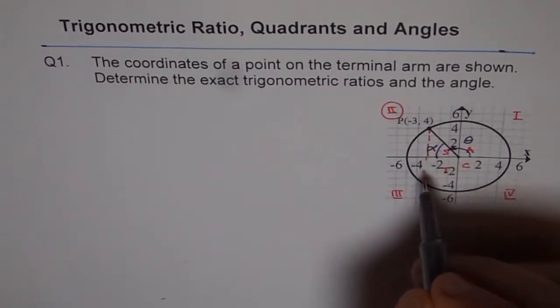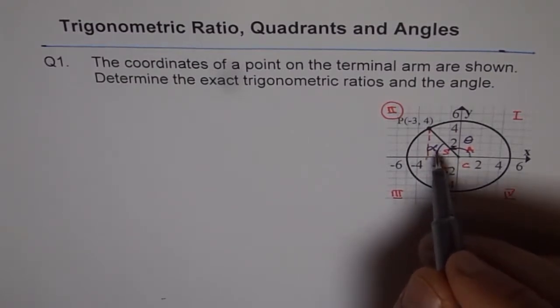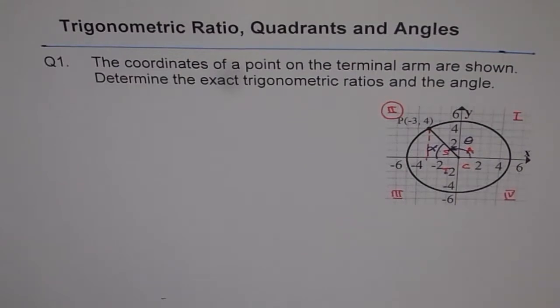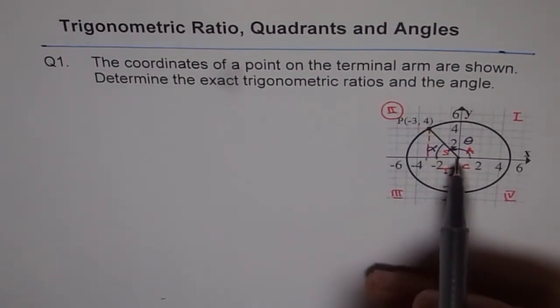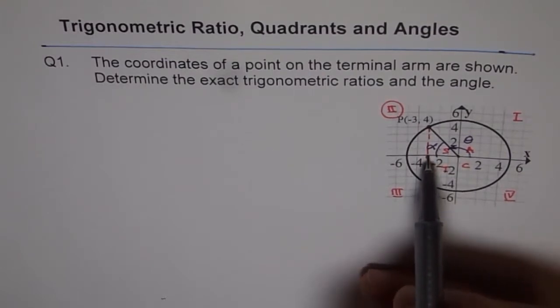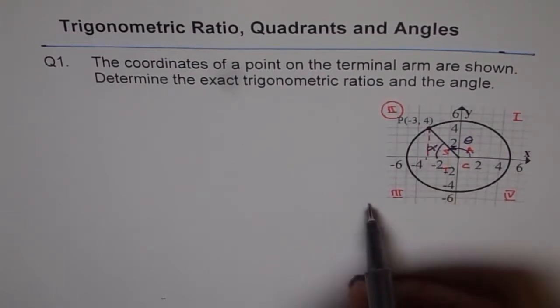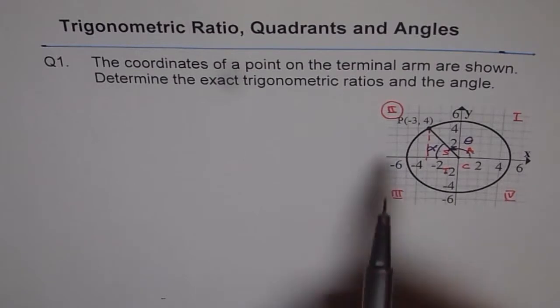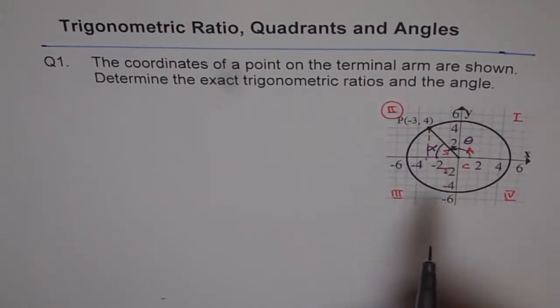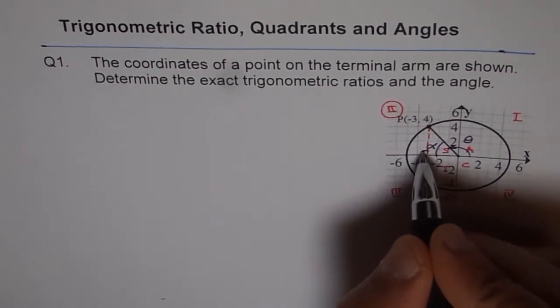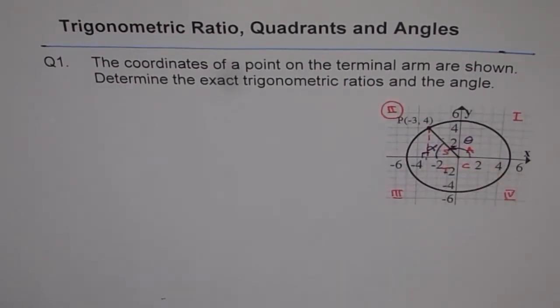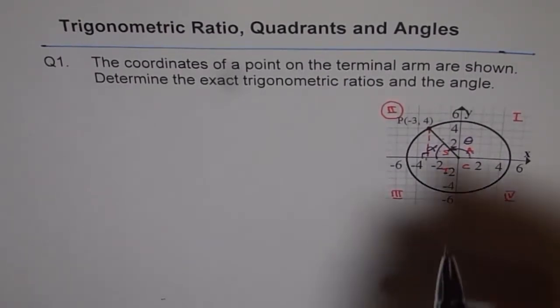Use this triangle, that's foremost. In this triangle, the point P is minus 3, 4. That means the x value is minus 3 and y is 4. Now we need to find the hypotenuse. Since we dropped this perpendicular, this is 90 degrees, and the hypotenuse can be found using the Pythagorean theorem.